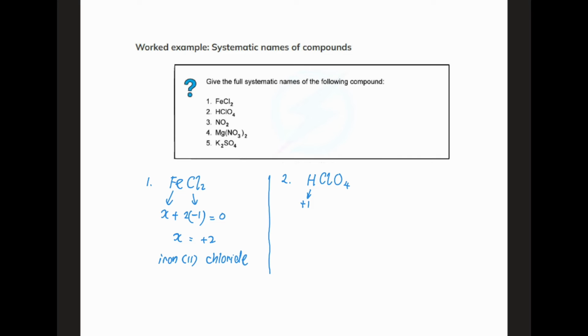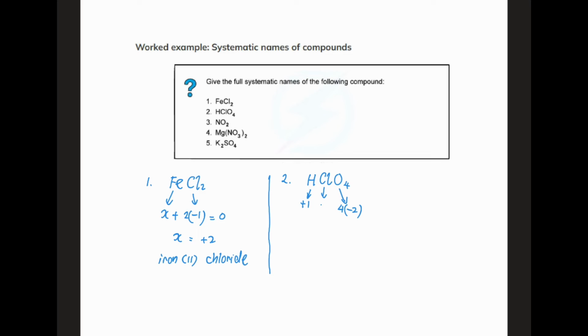Other than that, hydrogen is most of the time +1. Oxygen is most of the time -2, unless it is peroxide like just now the H2O2. So this is just the normal one for oxygen. And this is the one that we are not sure about because, just now we have done a question also, the Cl can be +5, can be -1, so it can have any situation.